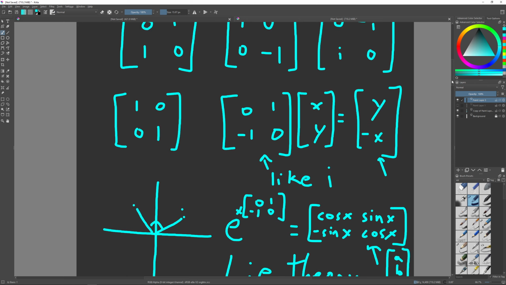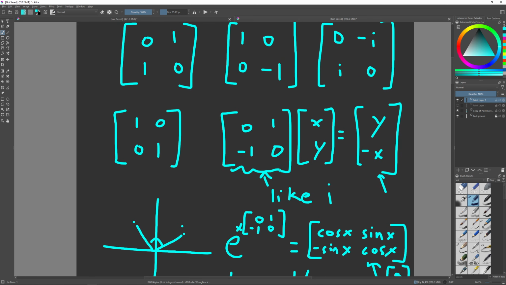But all this stuff is really interesting, and the fact that this matrix acts like i, and that it can be interpolated through this exponential map, it's very, very cool.